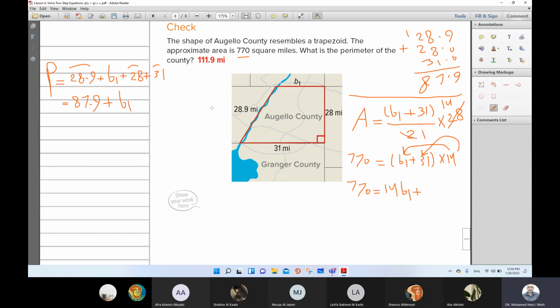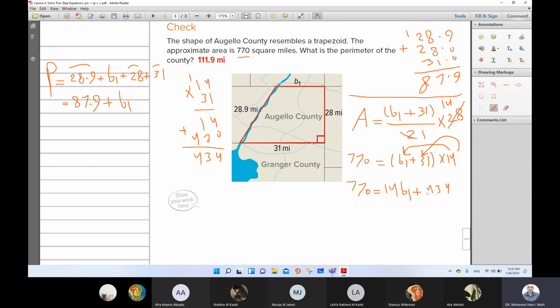We can here do multiply 14 times 31. 1 times 4, 4. 1 times 1, 1. Put here 0. 3 times 4, 12. 3 times 1, 3 plus 1, 4. So 4 plus 0, 4. 1 plus 2 will be 3. Then here we have 4. 434.